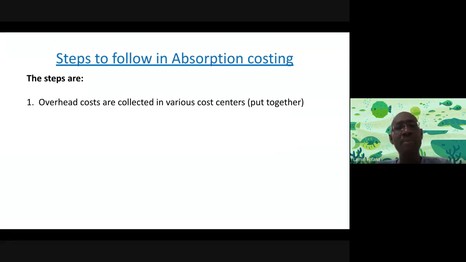We make sure we separate the overheads from the variable cost, so we put them together in one pool. We know that these are variable costs and these are overheads. Variable costs we easily know where to relate, because they will always relate with the product or the service, so you don't have any issues.